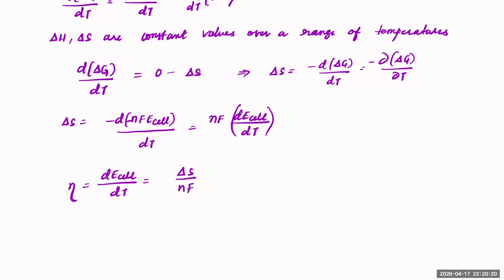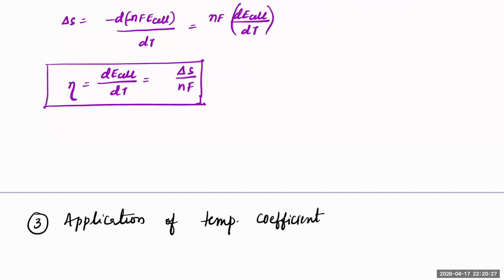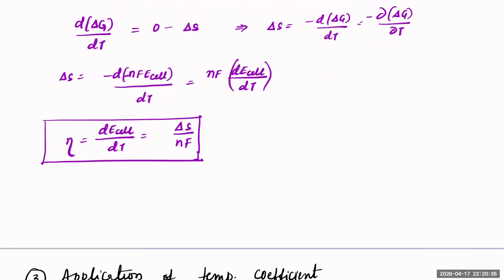Again, this is a very important formula for us, to relate delta S with d E cell by dT. So if we substitute this back here, delta S can always be written as NF into this.